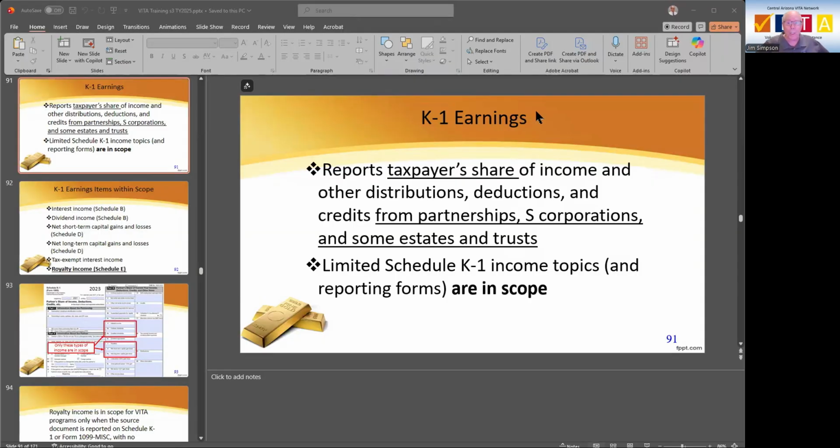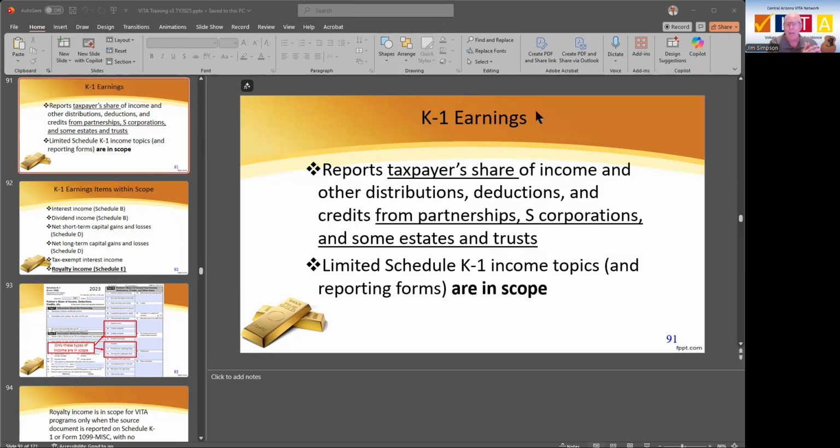So we left off right here when we were talking about K1 earnings. What's a K1? Well, a K1 comes from either a partnership or an S corporation or maybe a trust. Those are all separate legal entities and they all have to file their own tax return. But as a general rule, they don't pay tax.